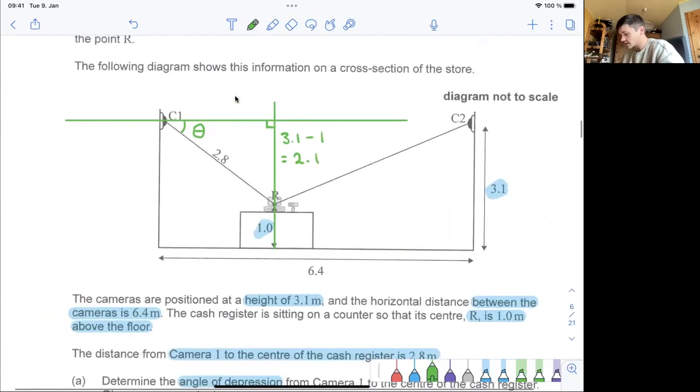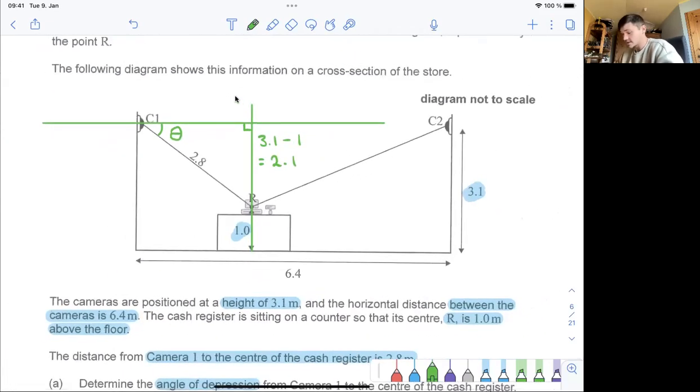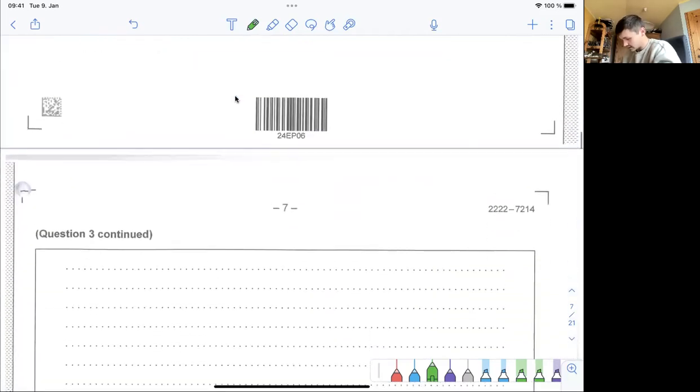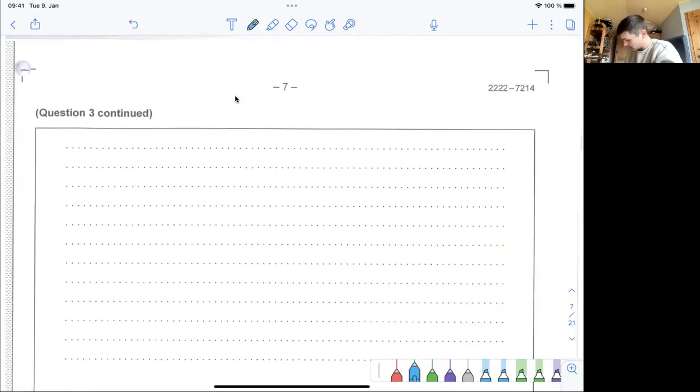What we're going to be using is SOHCAHTOA, and specifically sine, because we have the opposite side and we have the hypotenuse. So let's come down here and charge on. Part A. We should be all familiar with the idea that sine theta is equal to the opposite side to theta divided by the hypotenuse.